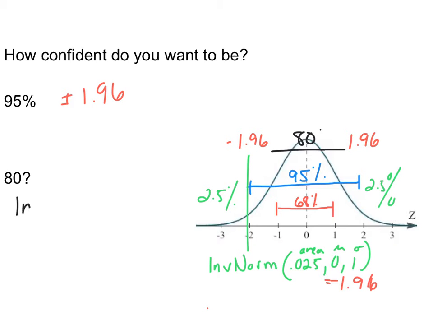So again, if I do inverse norm and I do for the left area 10%, mu and sigma, I get negative 1.28. So I'm going to go up and down 1.28 standard errors, which is like standard deviation, away from my point estimate.